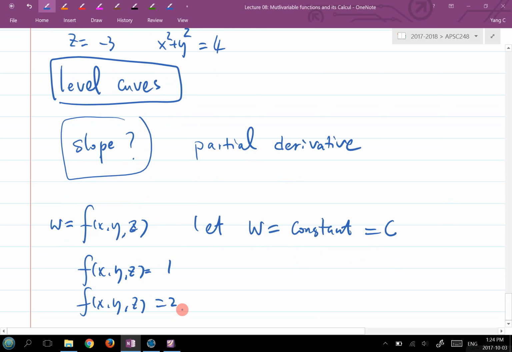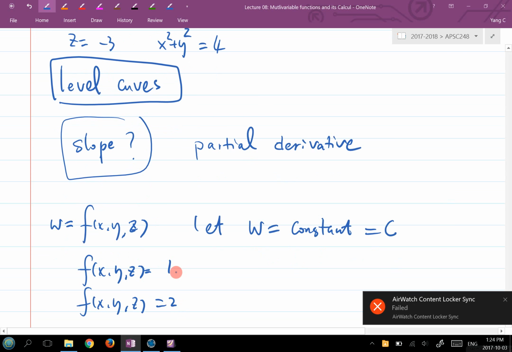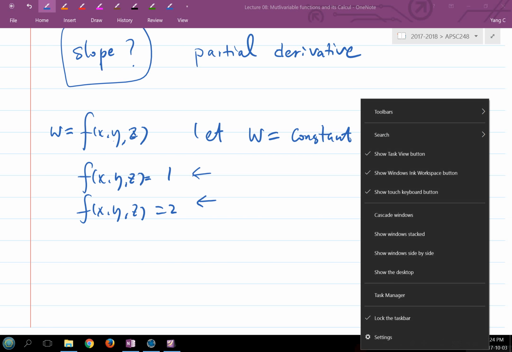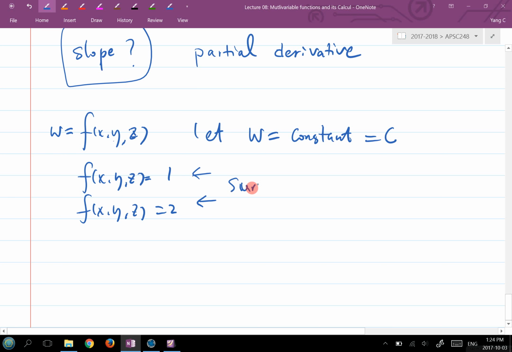By doing this, what do we end up with? Each one of these is now a function of only three variables instead of four involved. Does that make sense? So each one of these is basically a surface now.